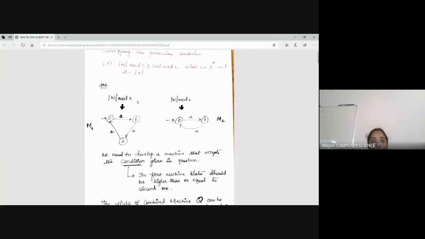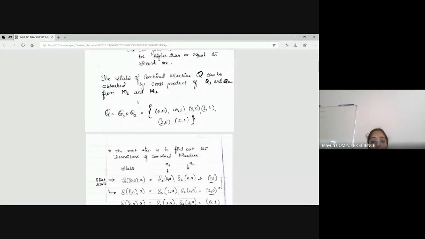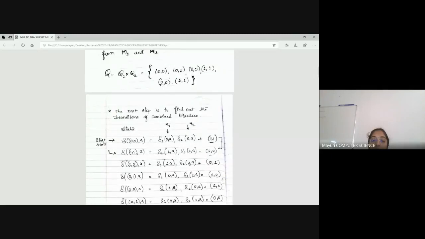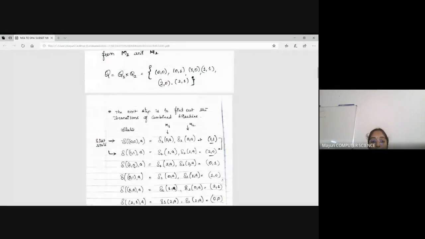So to every state I have to provide the input A. For the first state 0,0, the first 0 represents machine 1 and the second 0 represents machine 2, because it's a cross product of M1 and M2.